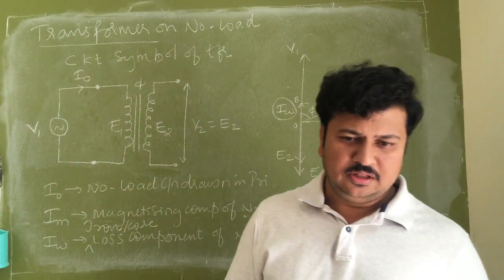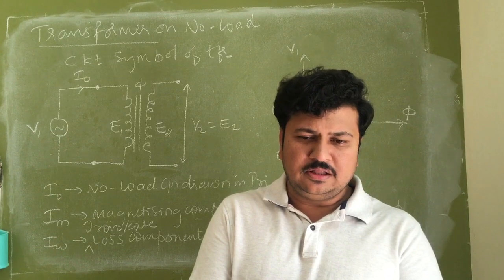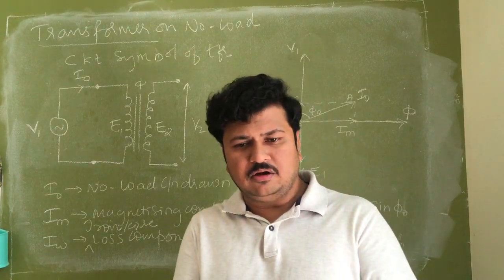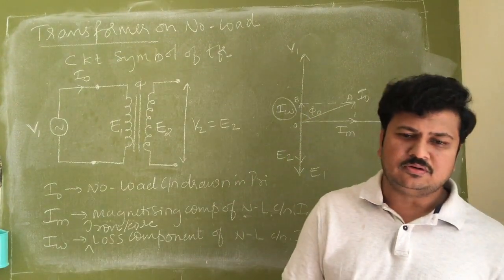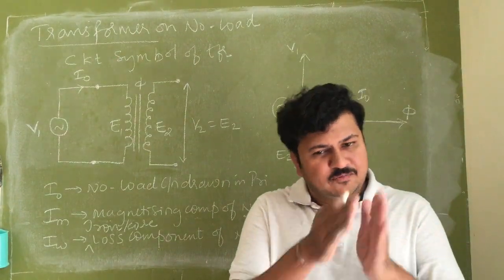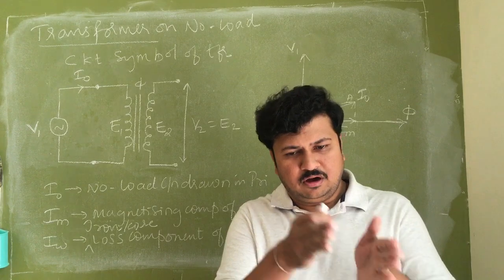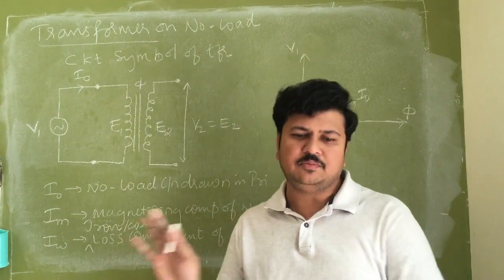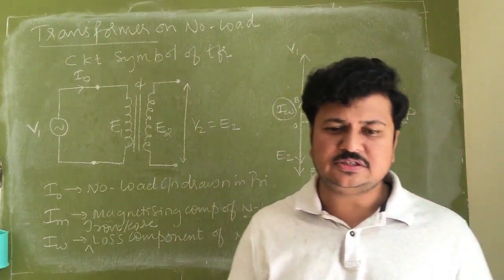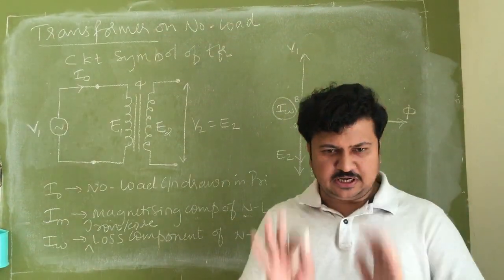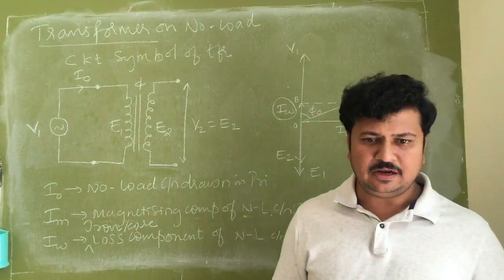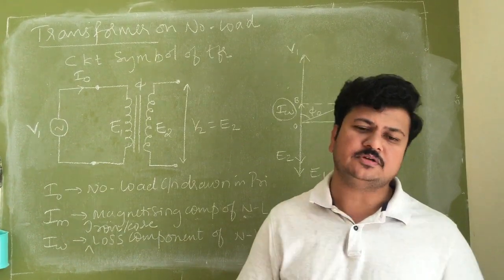It is not that losses are the left out part of the output from the input. No, output is the left out part after the loss from the input. So any system, first it will take the loss component into it, it will satisfy its losses first, then that system will be ready to give the output.